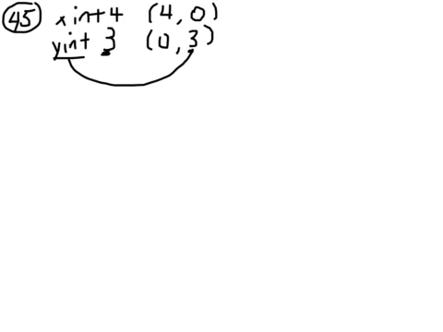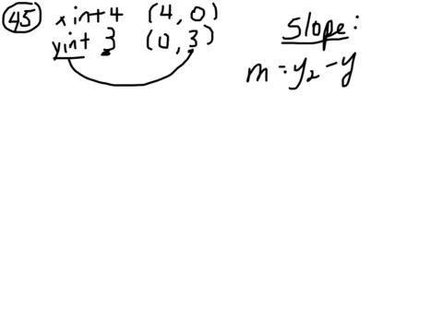So now I could do a couple of things. One thing I could do is find the slope. That might be a fast way to do it. I can think of several ways to do this, probably about 4 or 5 right off the top of my head. With the slope, if you remember, we subtract our y's on top, and then we subtract our x's on bottom. And we have the y-intercept, that's a b right there.